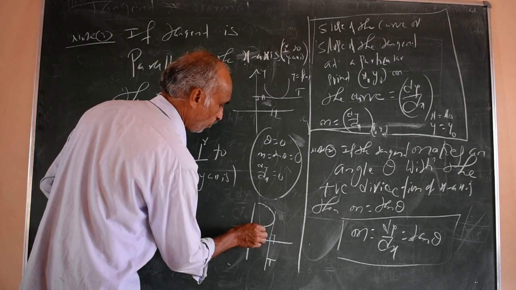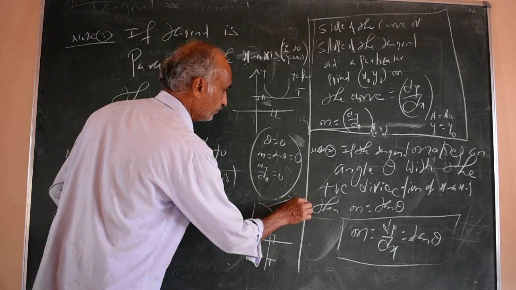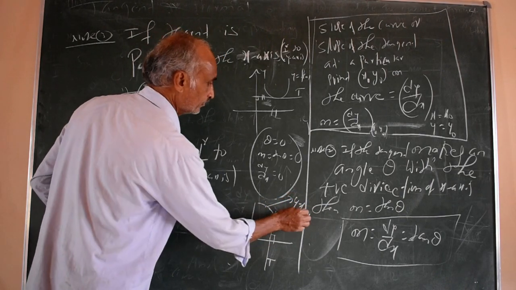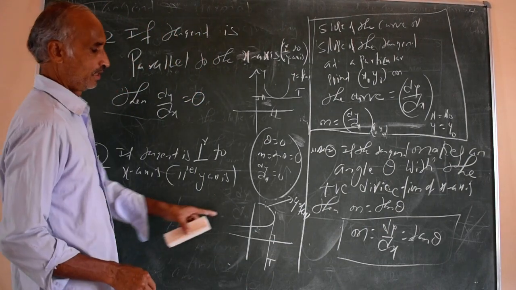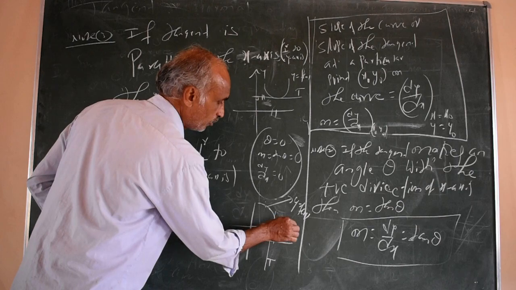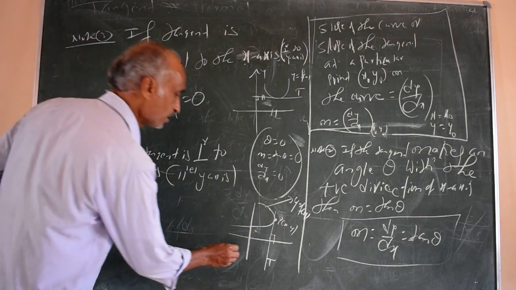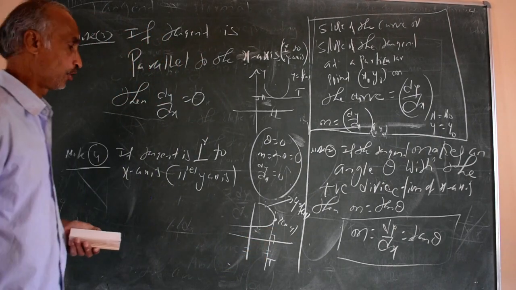This is the curve y equals to f of x, and tangent is drawn at this point. This is the point P(x, y) on the curve as well as on the tangent, and the tangent is perpendicular to x-axis. Perpendicular to x-axis means parallel to y-axis.